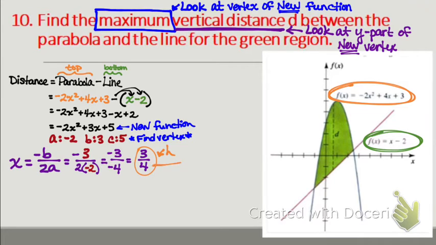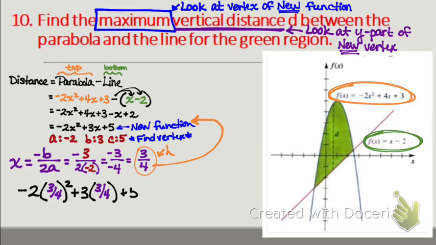Let me draw a line here. We're subbing into our new function because I want the y, the vertical distance between these. So I have negative 2 times 3/4 squared plus 3 times 3/4 plus 5.